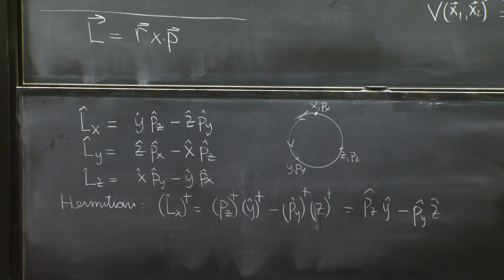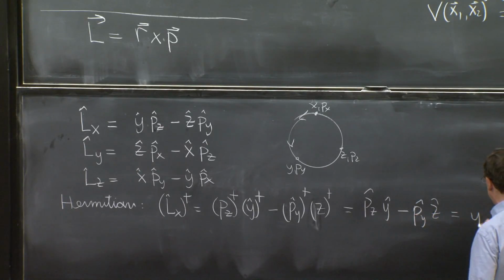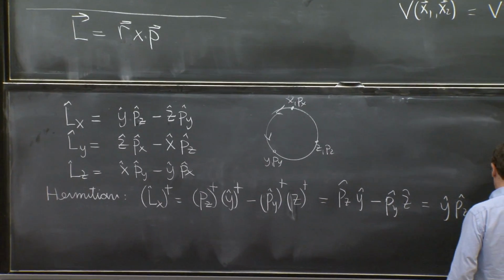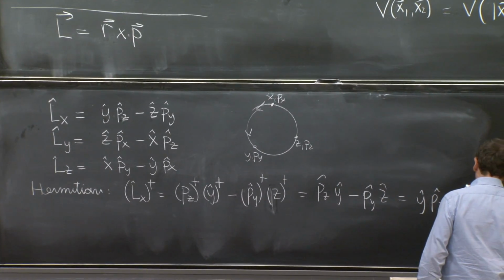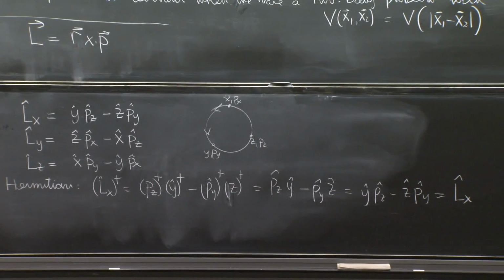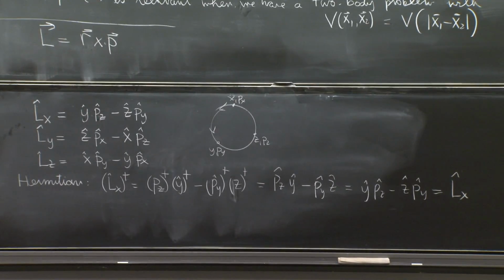And we use again that y and pz commute and z and py commute to put it back in the standard form. And that's again Lx. So it is a Hermitian operator. And so is Ly and Lz.